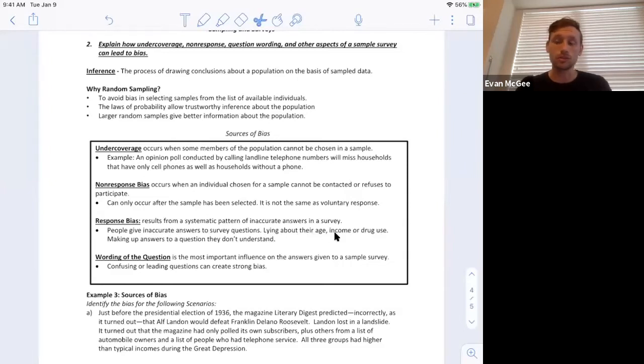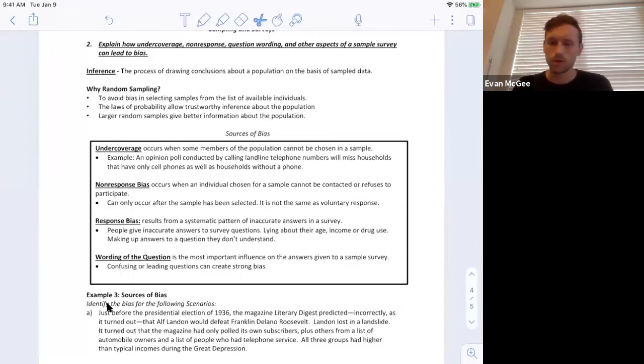And sometimes when they're doing a survey, they may just make up answers because they don't understand the question. So all of this, they're responding, but they're having bias because they're not telling the truth. Wording of the question is another way that bias can be created. Sometimes questions can be confusing, or they can lead to influence how people respond. So let's take a look at 3 examples and I'll have you try a couple on your own.